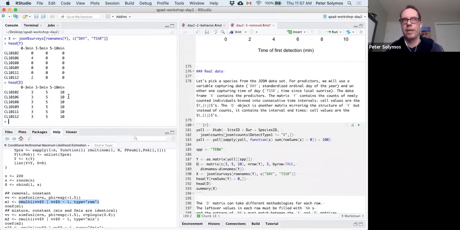So what happens when you have 3 intervals versus 5 intervals versus 2? Then you just go as wide as you want, and you put maybe 3, 5, 10 here, 5, 10, and NA. So whatever was not used, you just put an NA, and then you also put an NA here in Y so that there is no count coming from a non-existent interval.